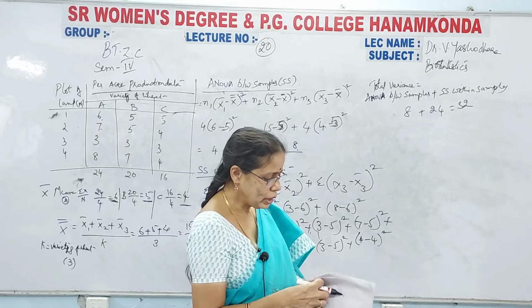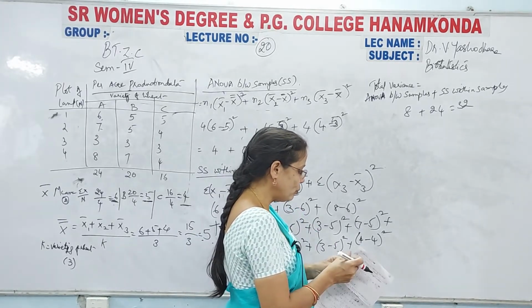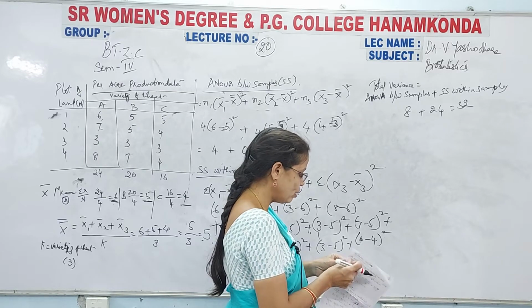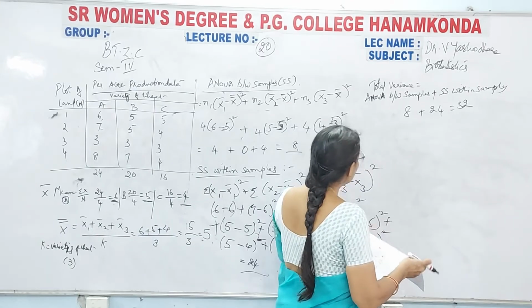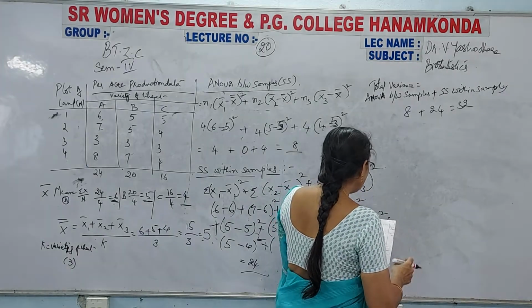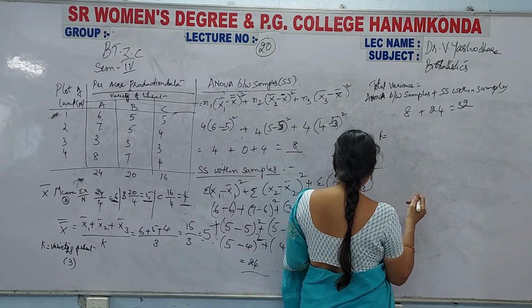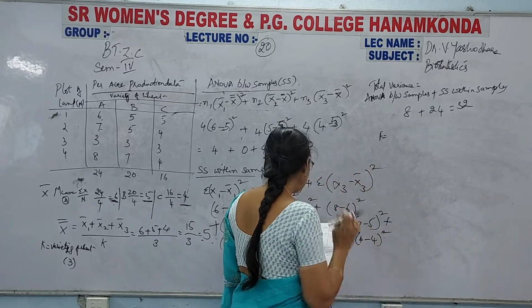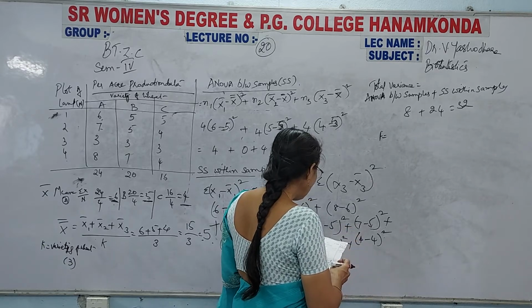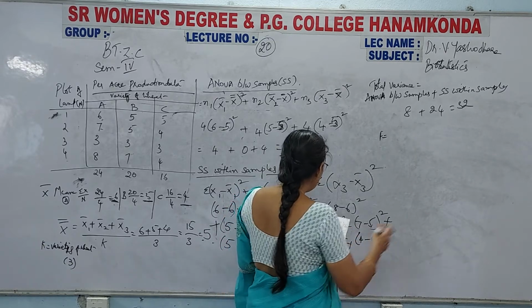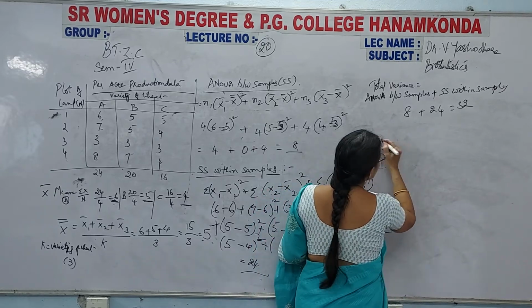Okay, this is your ANOVA, and now after that what you have to do is you have to calculate it. With this we will be completing. See here, calculation. Now ANOVA F is equal to, later on we will calculate it.